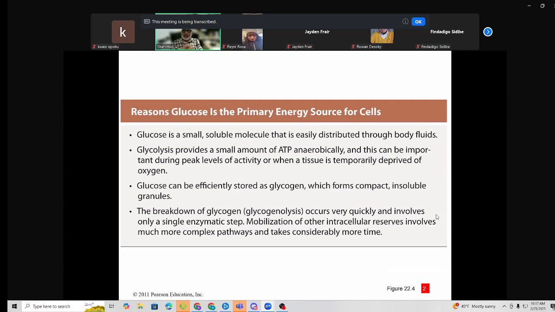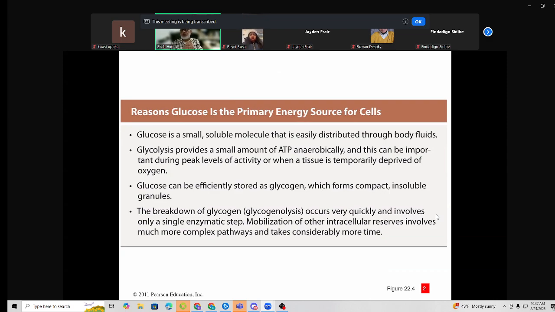The last reason is that the breakdown of glycogen, known as glycogenolysis, occurs very quickly and involves only a single enzymatic step. So this is another advantage: to convert the glycogen into glucose, it is quick and a one-step process. One enzyme is involved. From fat and protein, you cannot make glucose, but you make a compound, which is ultimately a 3-carbon compound, pyruvic acid.